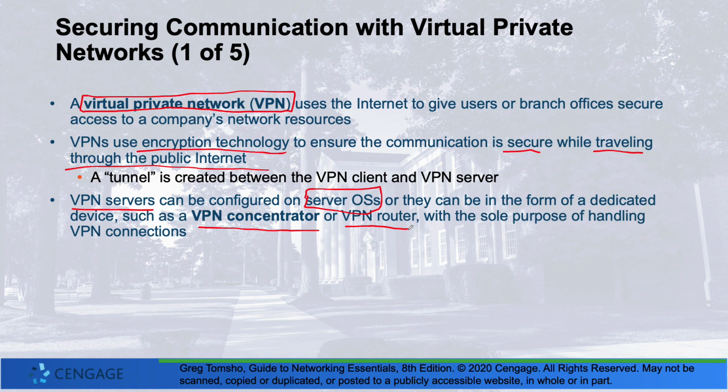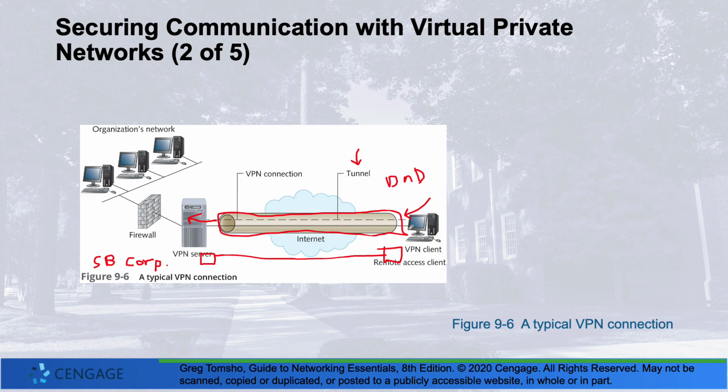If you're a small company, you may use your Windows server for a VPN server, but typically when you get a lot of employees dialing in for a VPN, maybe 100, something like that, you want to buy a piece of equipment, or everybody's access to the files on the server is going to be bogged down, and also the traffic that's encrypted sending back and forth is going to be bogged down. Okay? So again, this can be a piece of hardware called a concentrator, or this could be a Windows server, whatever you want it to be.